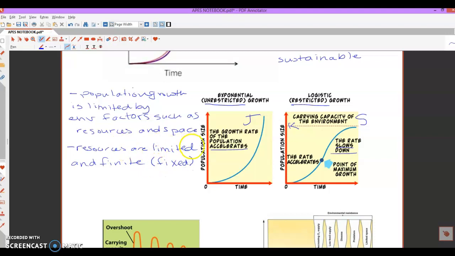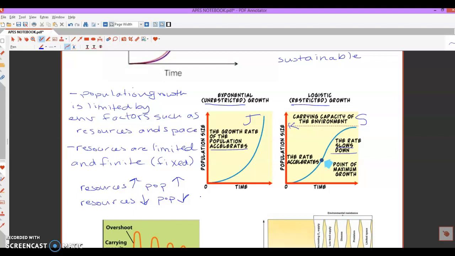So resources are limited and finite. When resources are high, guess what our population is? You guessed it. Our population is high. When our resources are low, guess what? Our population is also low. You guessed that one too.